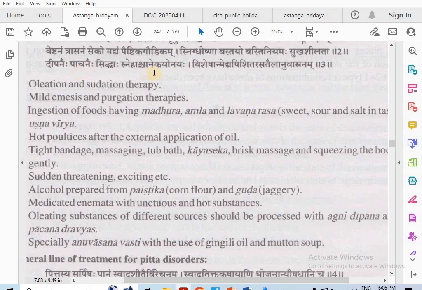And aneka yonayah means from different sources, right? So we can get these oleating substances like sesame oil, ghee of cow, ghee of buffalo.